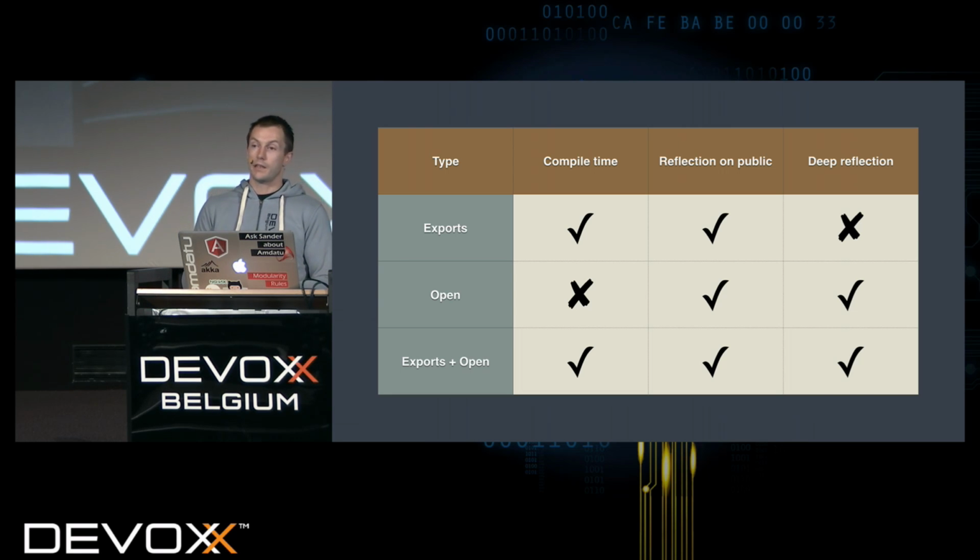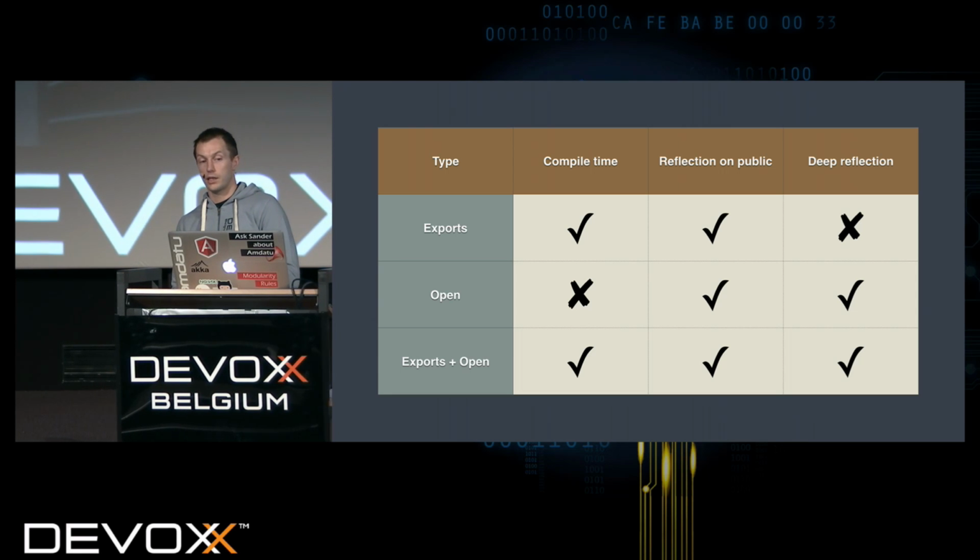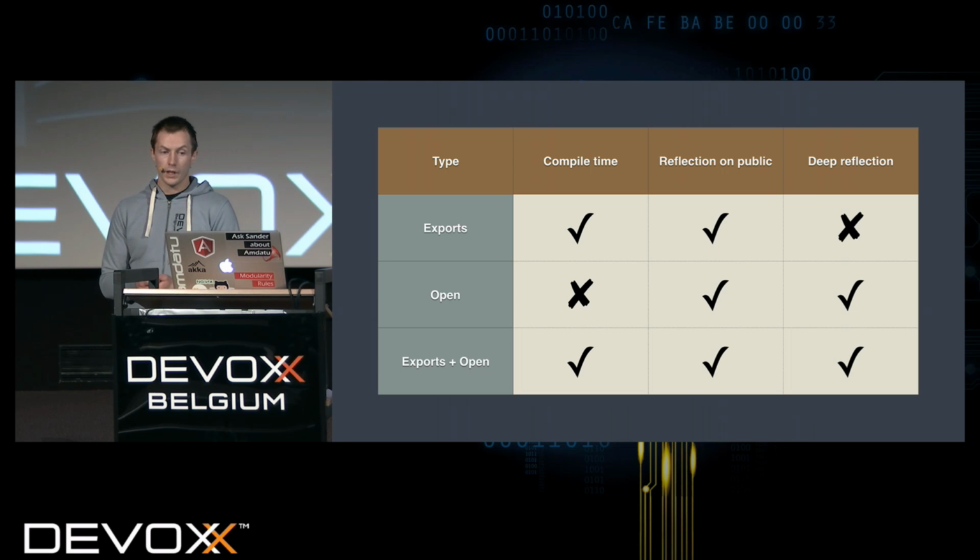Then we have a second keyword, and we will see that in code in a moment. The second keyword in the module info is open. With open, we don't give away compile time access, but we do allow reflection and even deep reflection. And then you can have both an export and an open, so there's just 2 lines in your module info, and then you can give access any way someone wants.